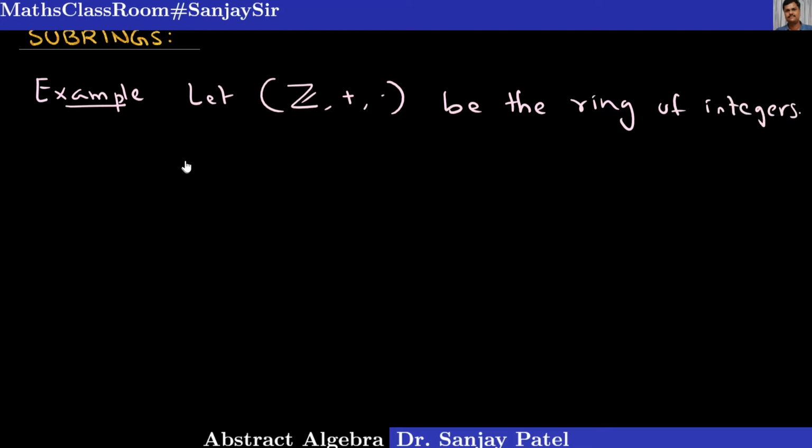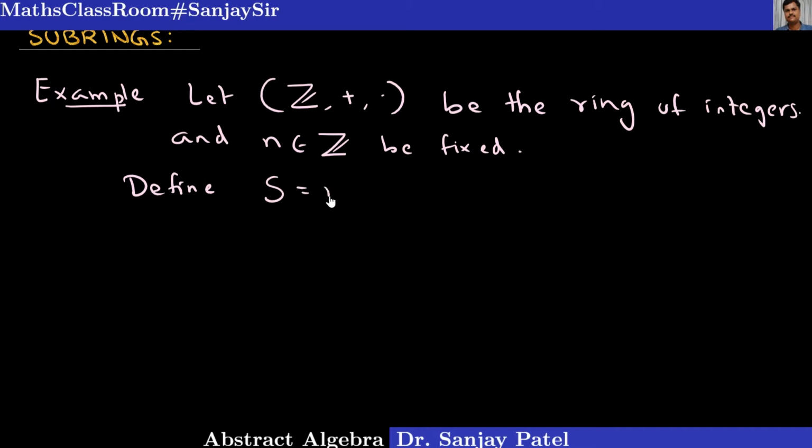Okay, and let n belong to Z be any fixed integer, and define a new set, say capital S, which is denoted by the symbol nZ, and it consists of all multiples of n.